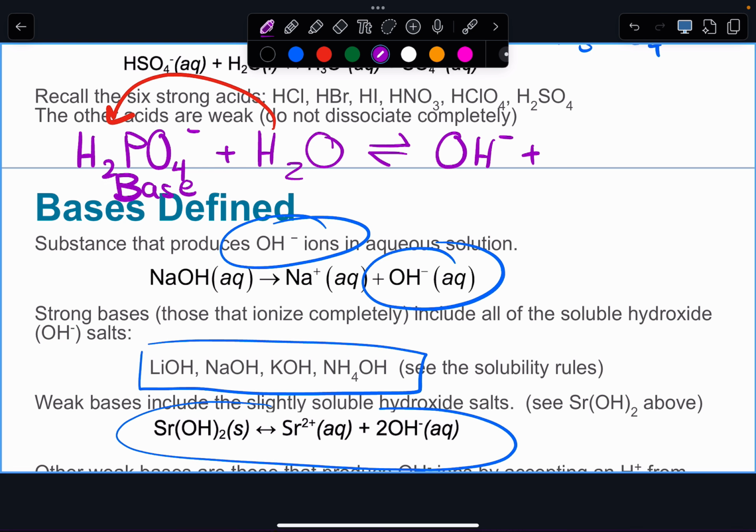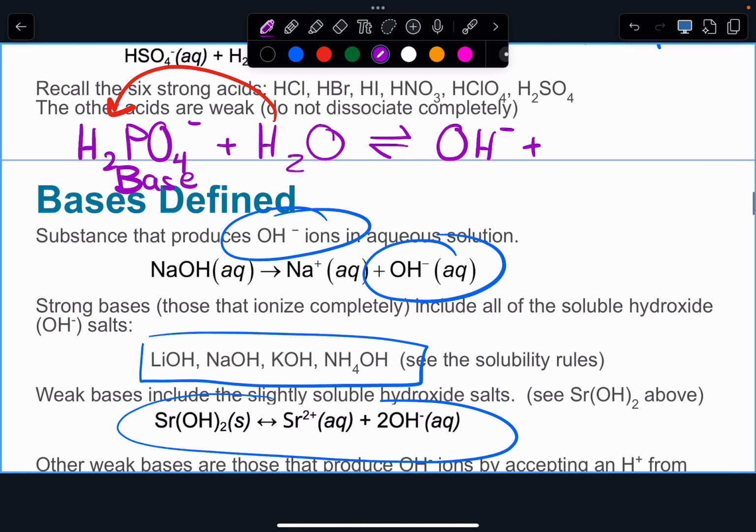Okay, so OH- should definitely be there because it's a base acting in water. And then if H2PO4- is accepting a hydrogen, it should turn into H3PO4.